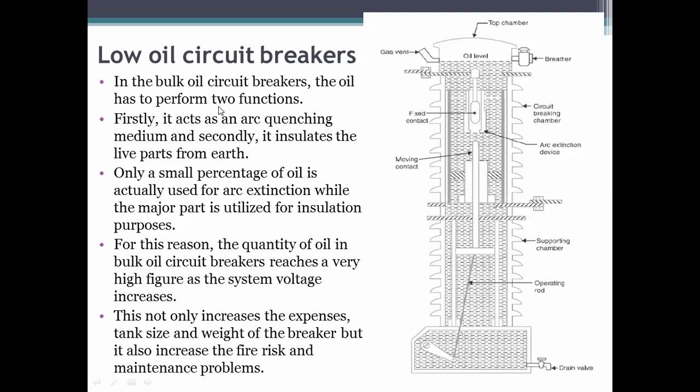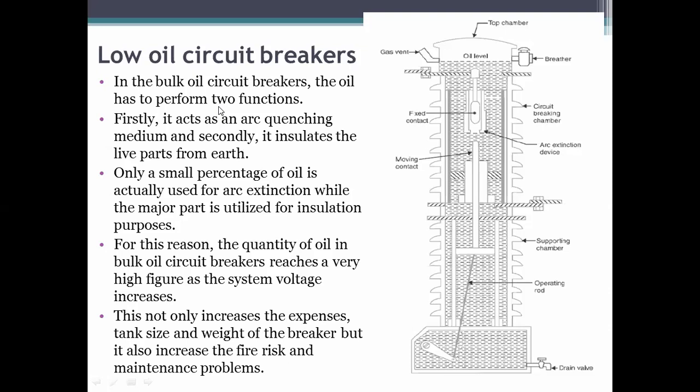Okay, means oil is operated as an arc extinction material and also an insulating material. But in these low oil circuit breakers, only a small percentage of oil is actually used for the arc extinction, while the major part is utilized for insulation purposes.